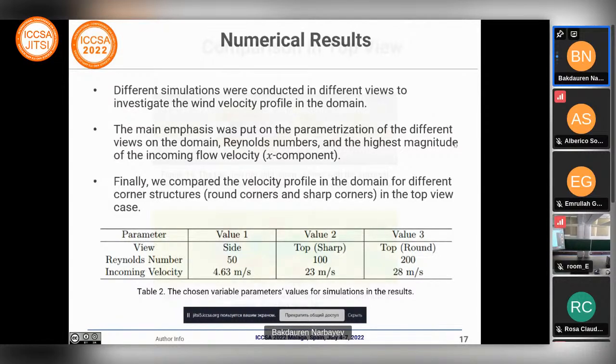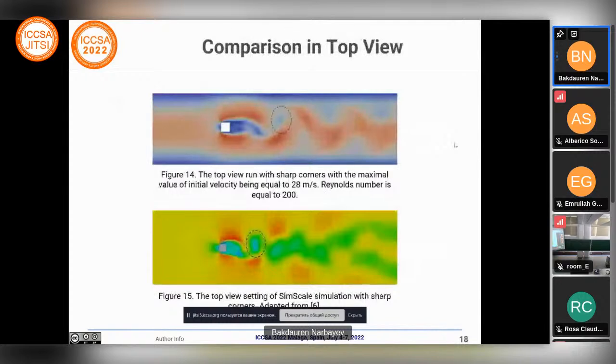So before conducting the numerical experiments themselves, we needed to verify our model. Here we verified our model qualitatively against a commercial SimScale CFD simulation. As you can see, there are similarities in terms of the behavior of wind trails and areas of appearance of the vortices.